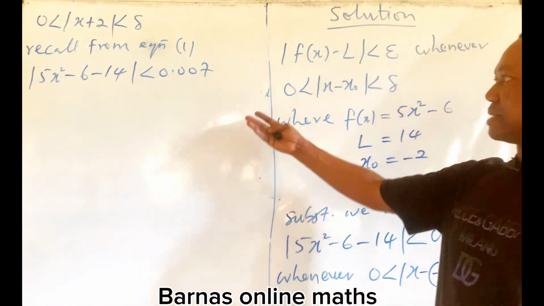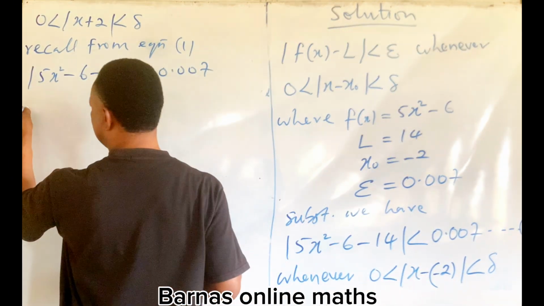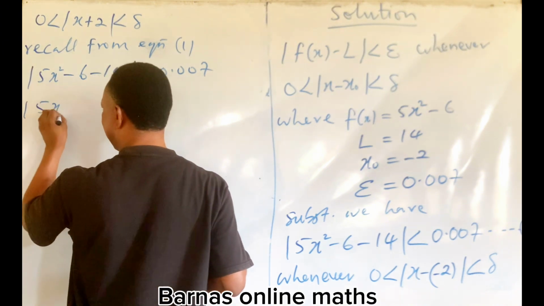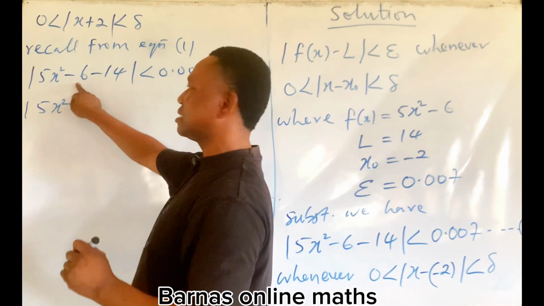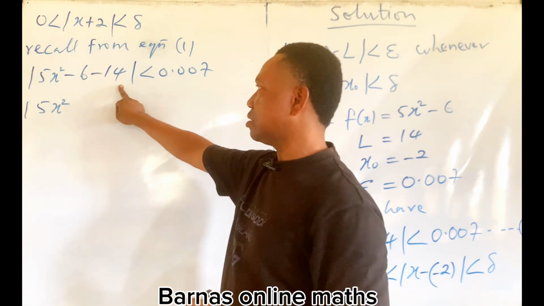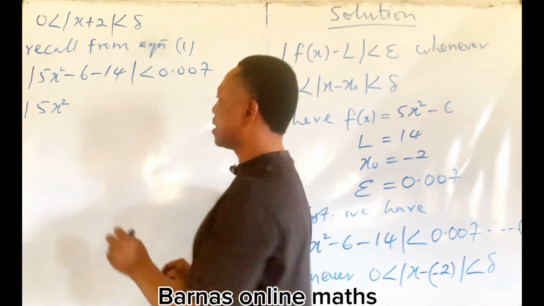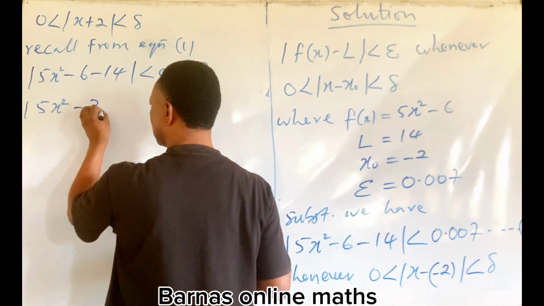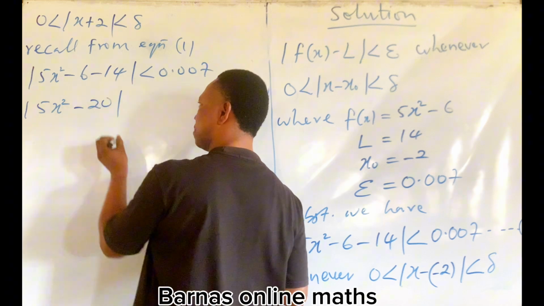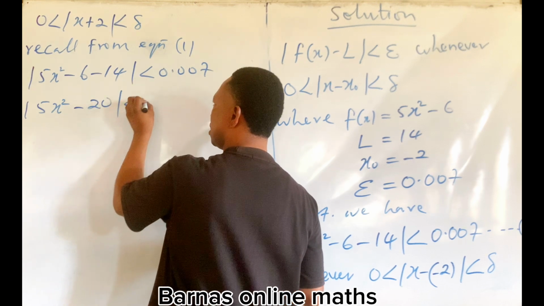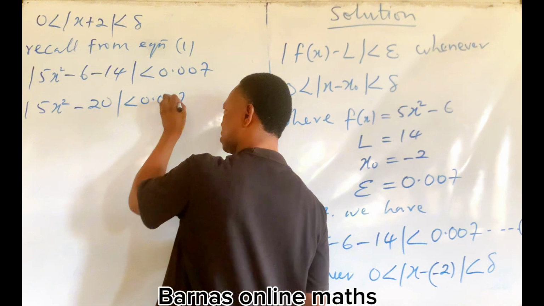Okay, let's simplify further. So that becomes the modulus of 5x squared minus 6 minus 14, which will give us minus 20. Close the modulus, which is less than 0.007.